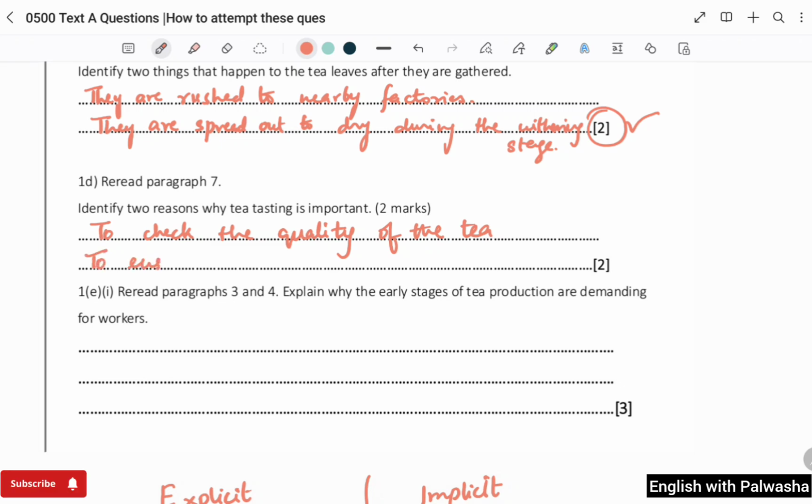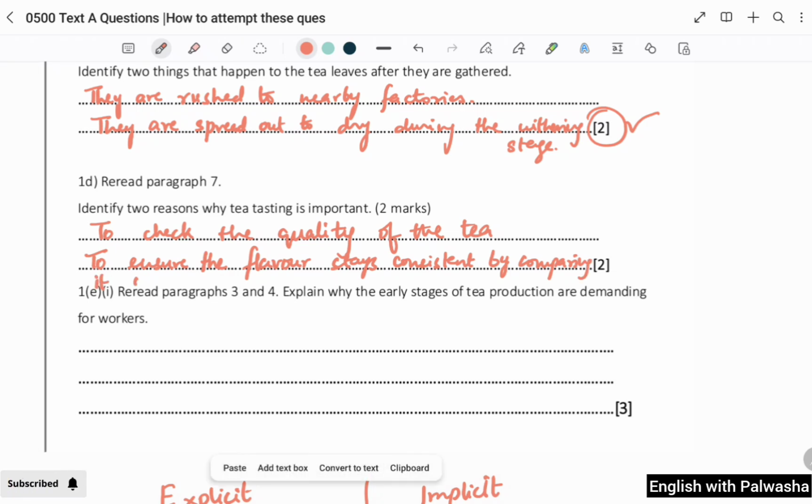The second reason is to ensure, wordings are all, choice of words is all yours, to ensure the flavor stays consistent by comparing it with previous batches, right?